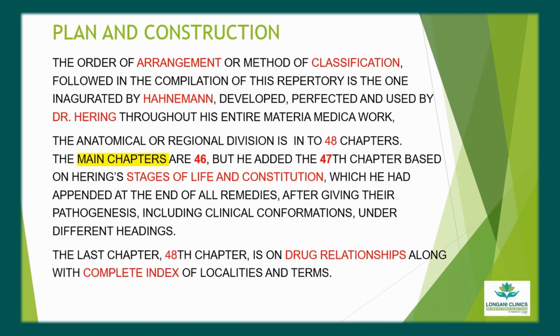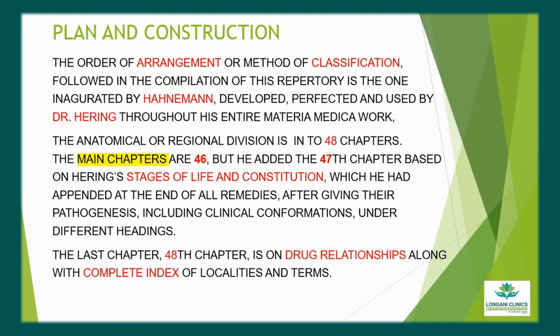Plan and construction. The order of arrangement or method of classification followed in the compilation of this repertory is the one inaugurated by Hahnemann, developed, perfected, and used by Dr. Hering throughout his entire Materia Medica work. The anatomical or regional division is into 48 chapters. The main chapters are 46.